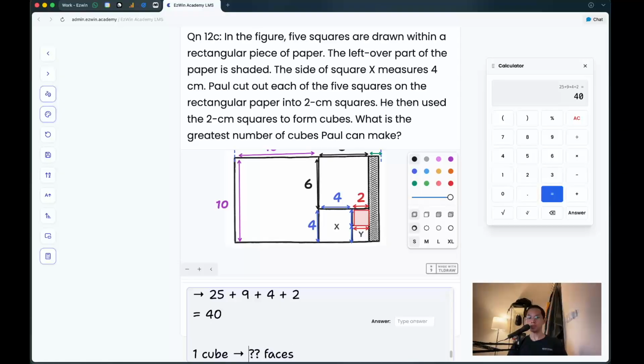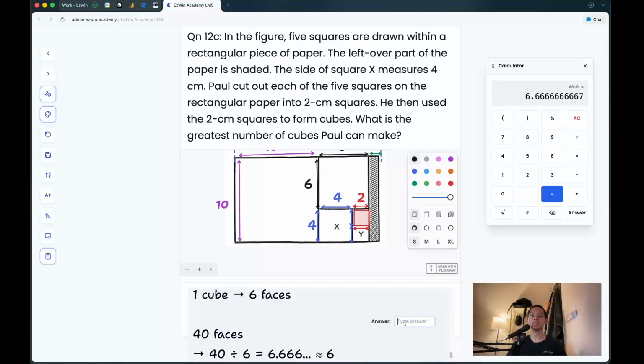This should be 6, because a dice has 6 faces. So if we have 40 faces, how many cubes can we get? 40 divided by 6. Let's use the calculator, and this will give us 6.666... The devil. Then we will round this number to 6 cubes. There you go. So the answer is 6.